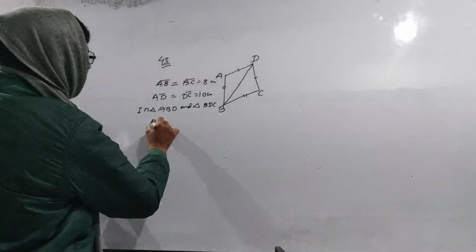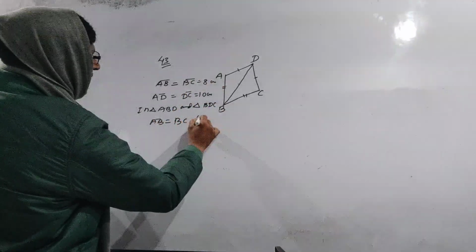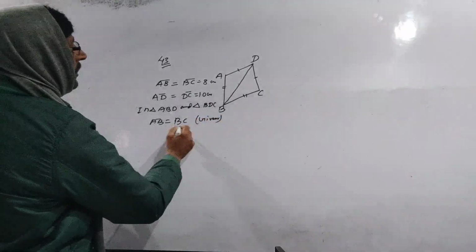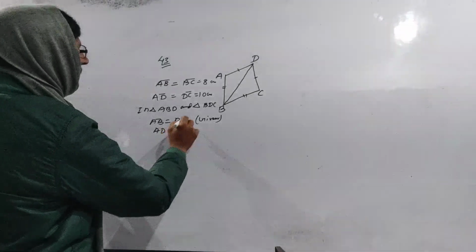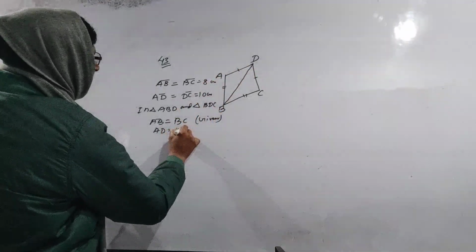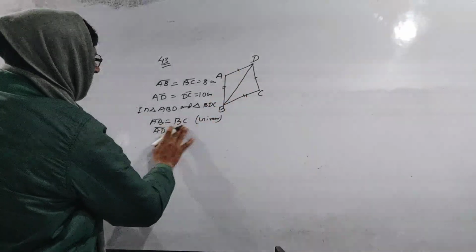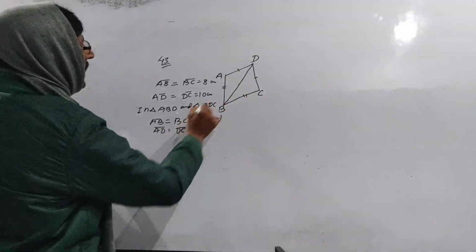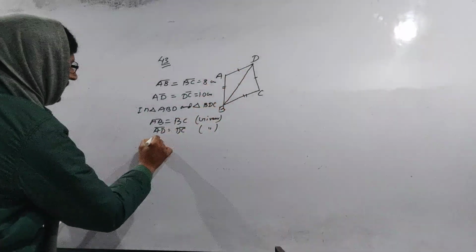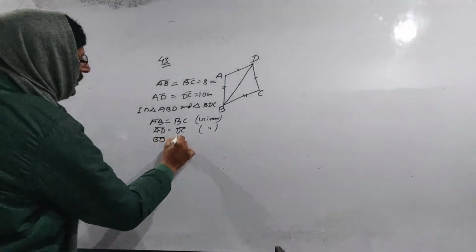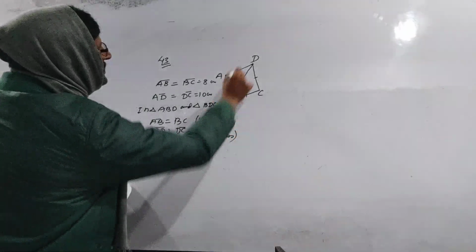AB is equal to BC, side AD is equal to DC, which is also given, and side BD is equal to BD, common sides.